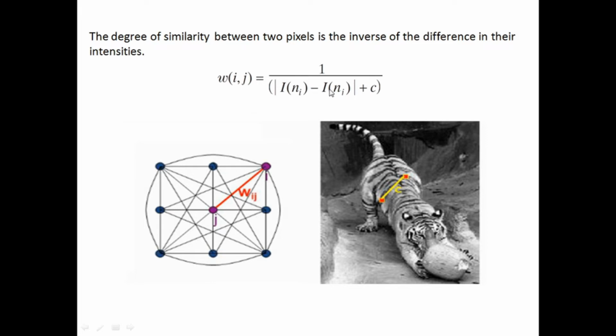The weight is inversely proportional to the intensity difference here, right? So if this entire tiger object is connected, the pixels present on this tiger object are connected with certain links. There will be a link between every pair of pixels in similar regions, right?